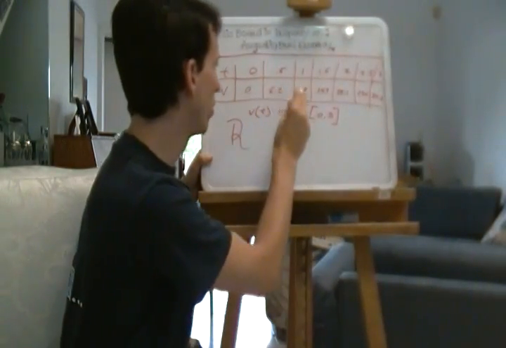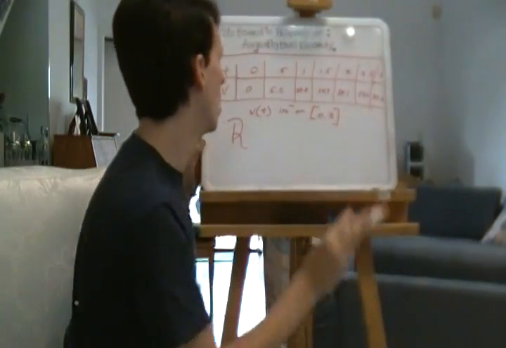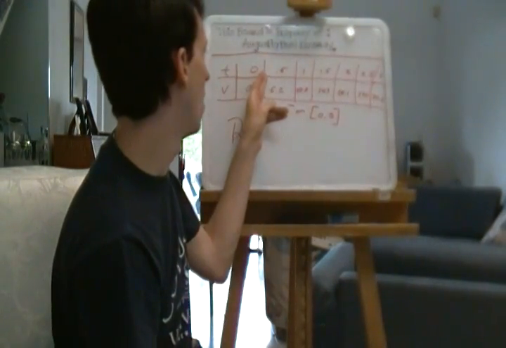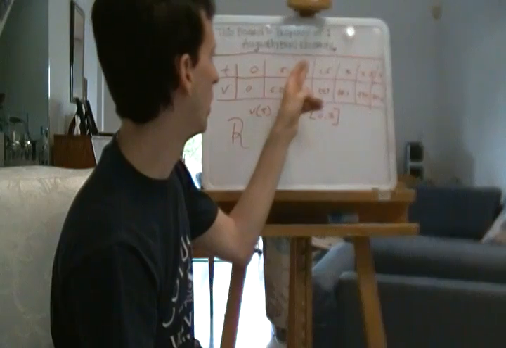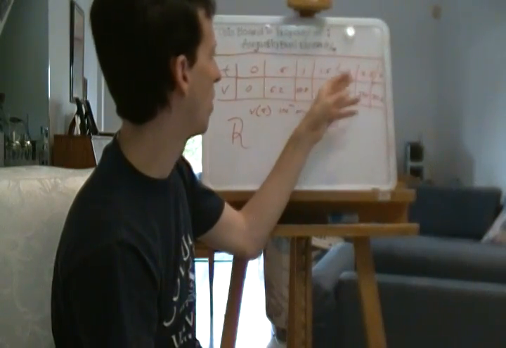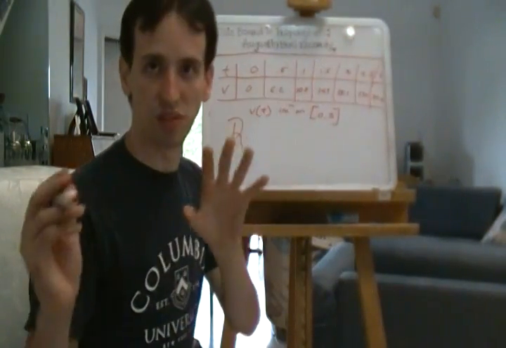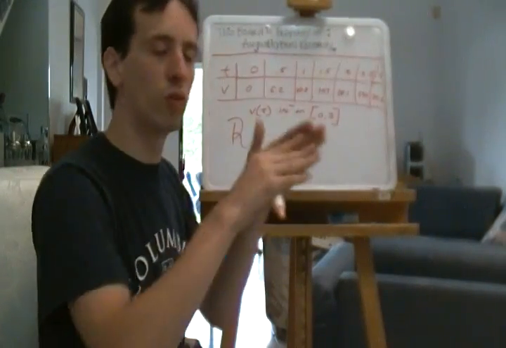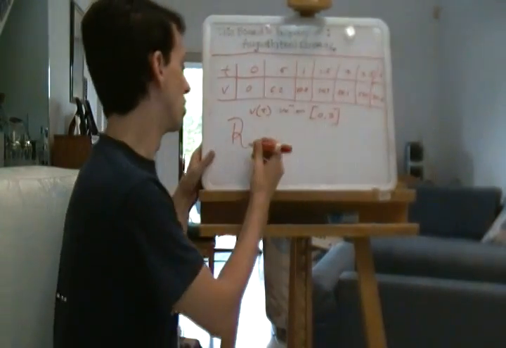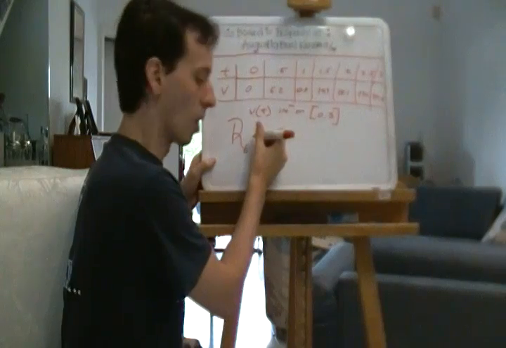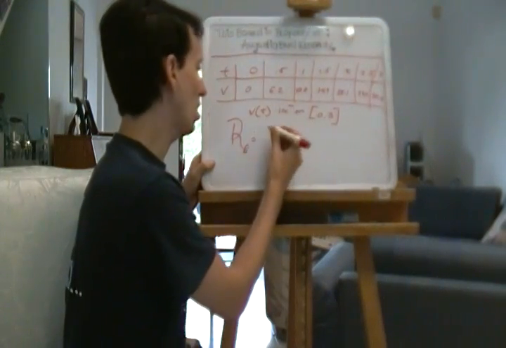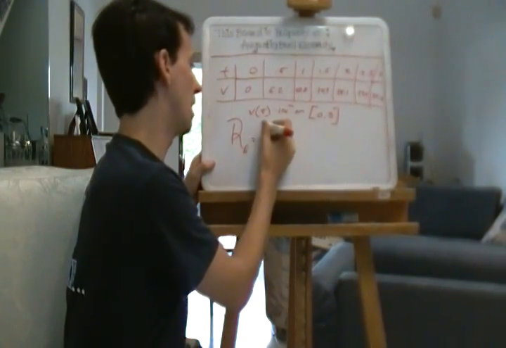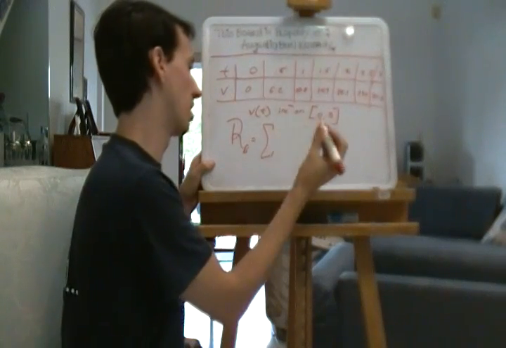Between 0 and a half, between half and 1, between 1 and 1.5, we've got 6 intervals here. We've got 7 entries, but only 6 intervals. So R sub 6.